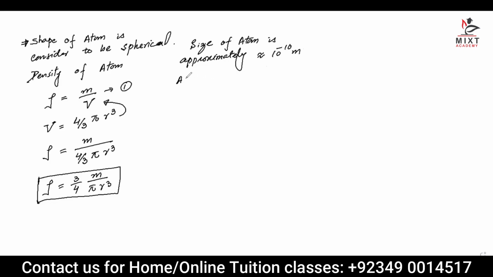An atomic unit is used for the size, that is angstrom. Have you heard about angstrom? Angstrom is a unit at the atomic level, and 1 angstrom is equal to 10 raised to power minus 10 meter. So the atomic size is approximately 10 raised to power minus 10 meter.